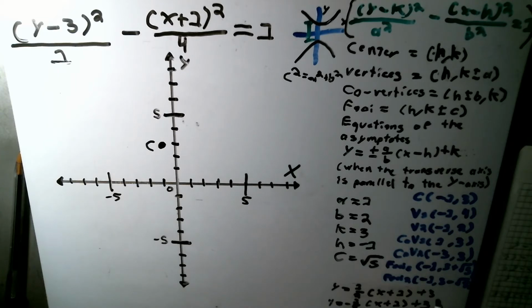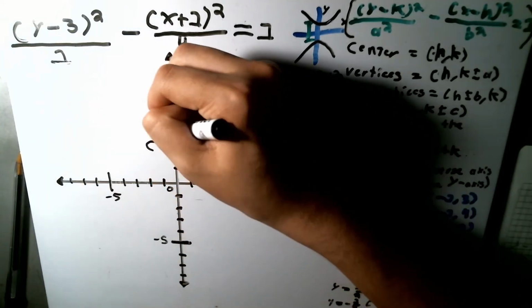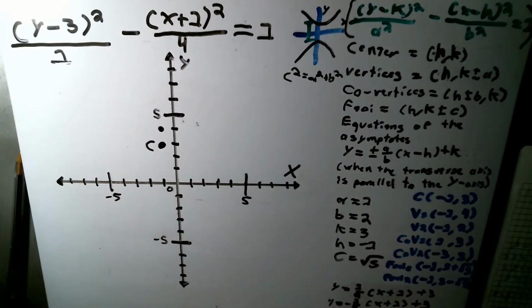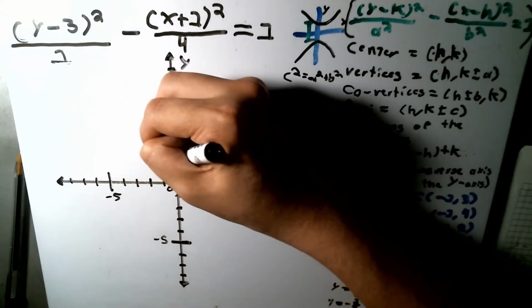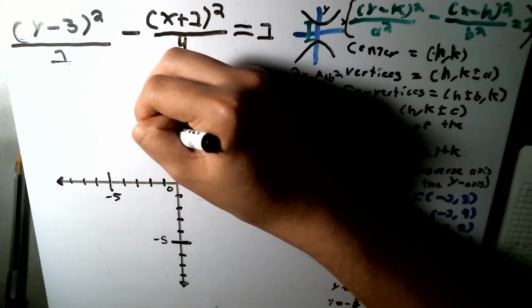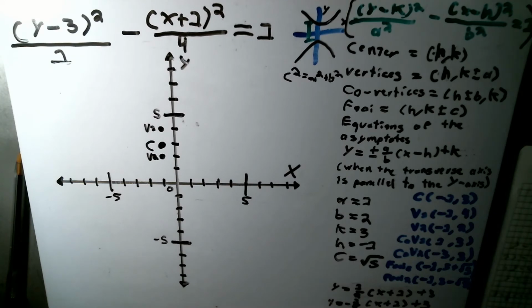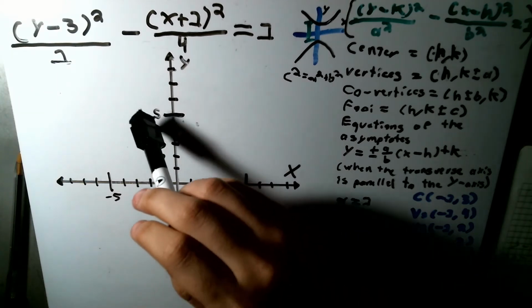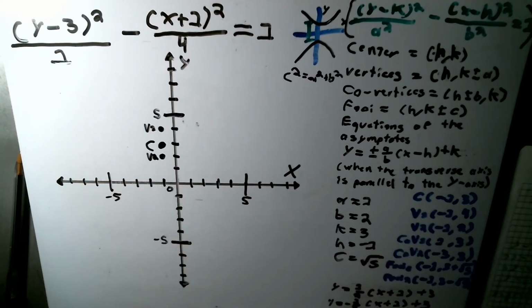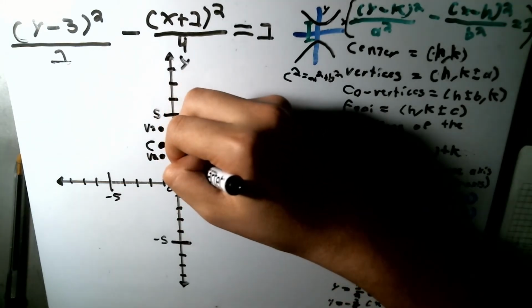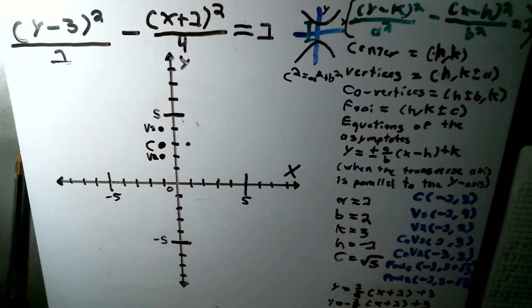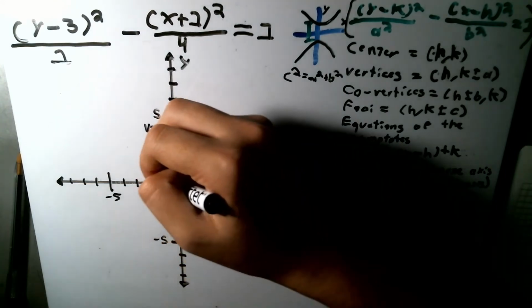Vertex number 1 is minus 1 comma 4, and vertex 2 is minus 1 comma 2. Center, vertex 1, vertex 2. The co-vertex 1 is 1 comma 3, and the co-vertex 2 is minus 3 comma 3.